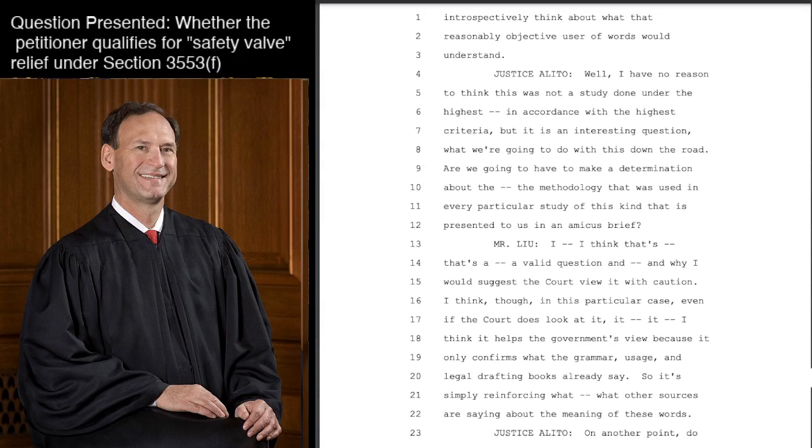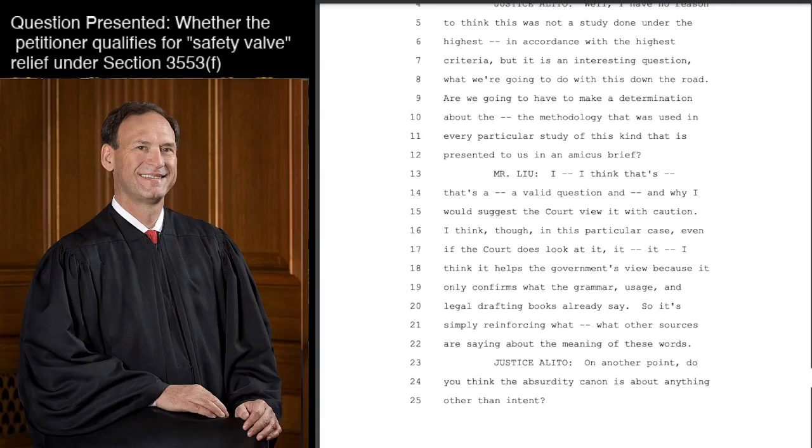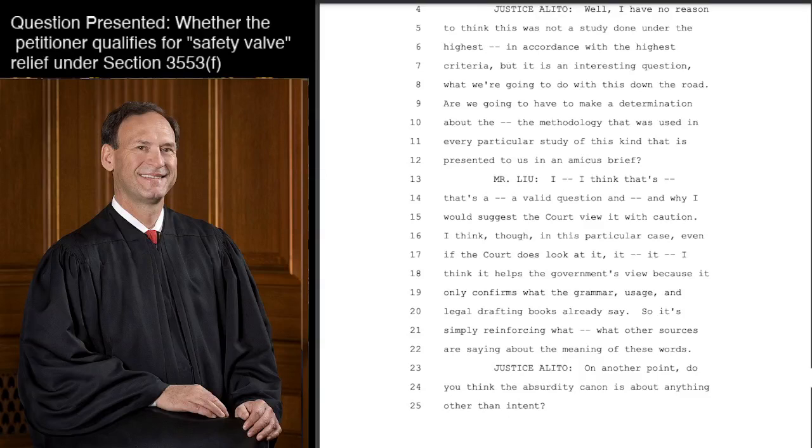Well, I have no reason to think this was not a study done in accordance with the highest criteria, but it is an interesting question what we're going to do with this down the road. Are we going to have to make a determination about the methodology that was used in every particular study of this kind that is presented to us in an amicus brief? I think that's a valid question, and why I would suggest the court view it with caution.